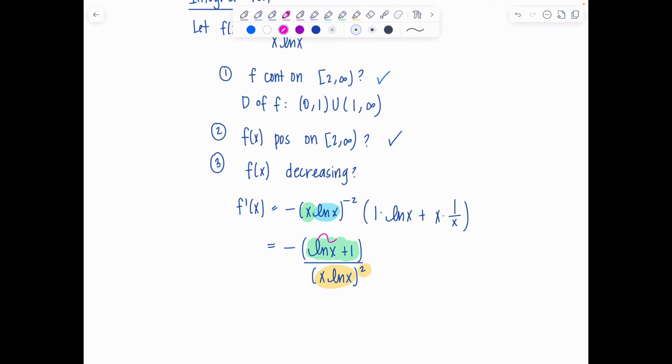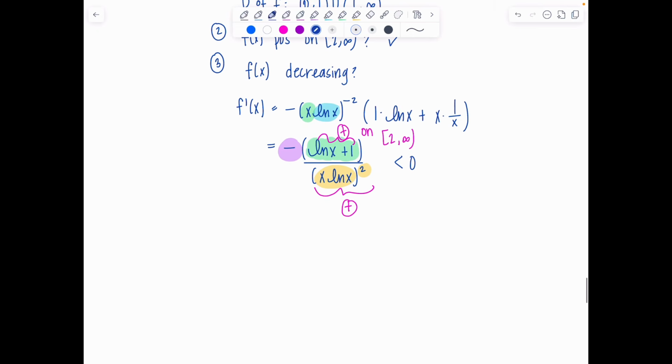So yeah, this is positive on 2 to infinity. I have a positive divided by a positive, and then this minus sign outside. So for sure, this derivative is negative. So all of this was to say, hooray, it's okay to use the integral test.